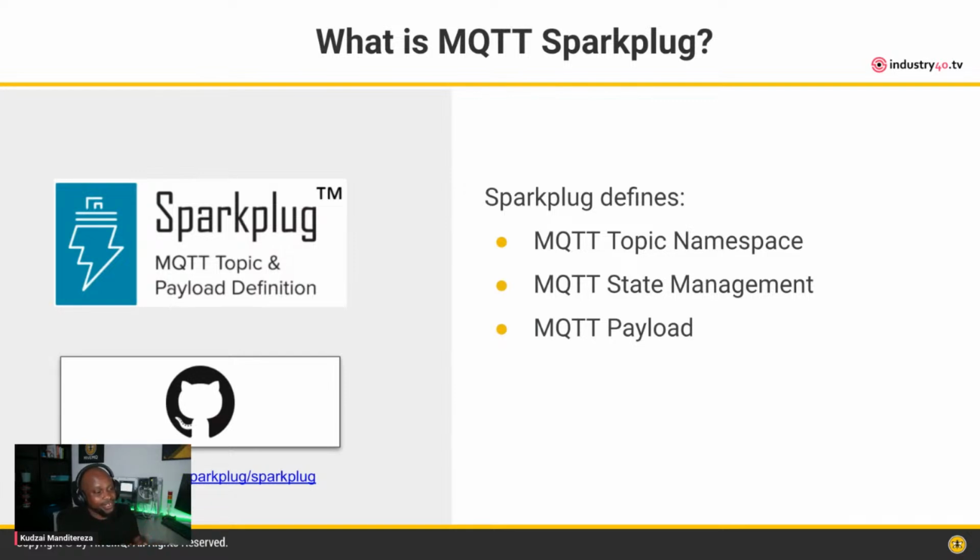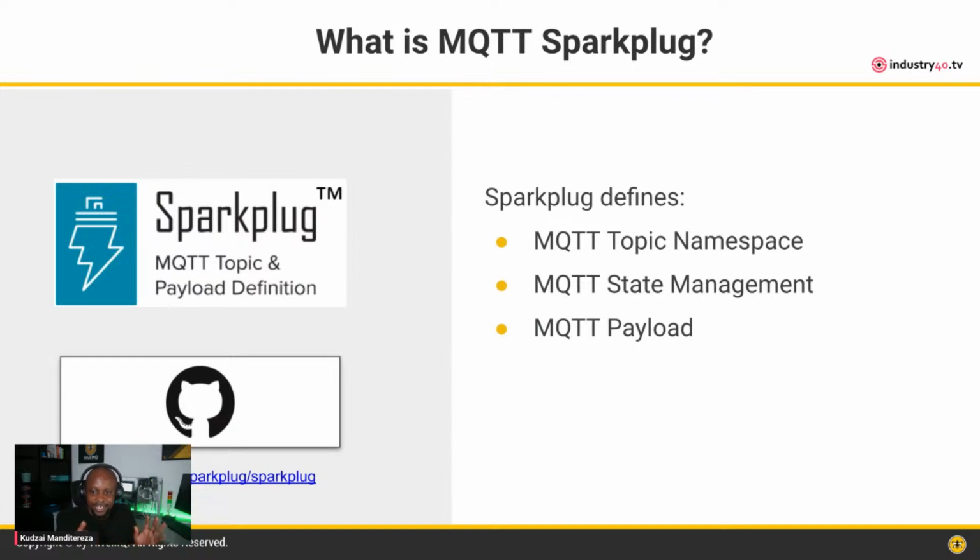It defines a consistent session state management, which goes to the topic of birth and death certificates, because MQTT has a death certificate mechanism, but there's no guarantee that a device will implement that. So Sparkplug session state management is a way of enforcing a consistent way of implementing a death certificate.